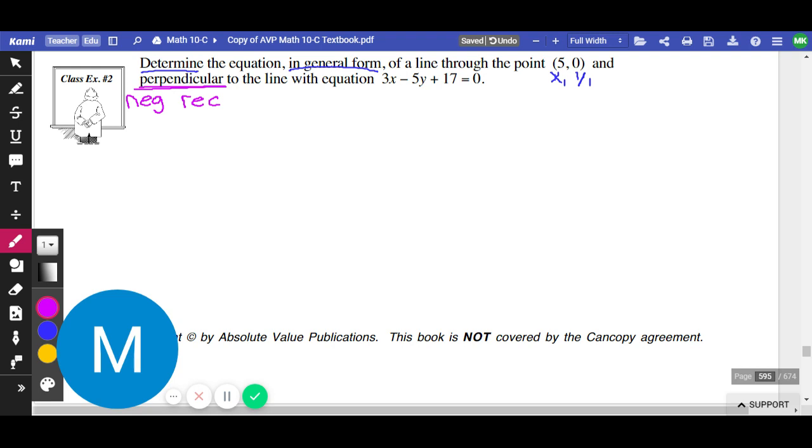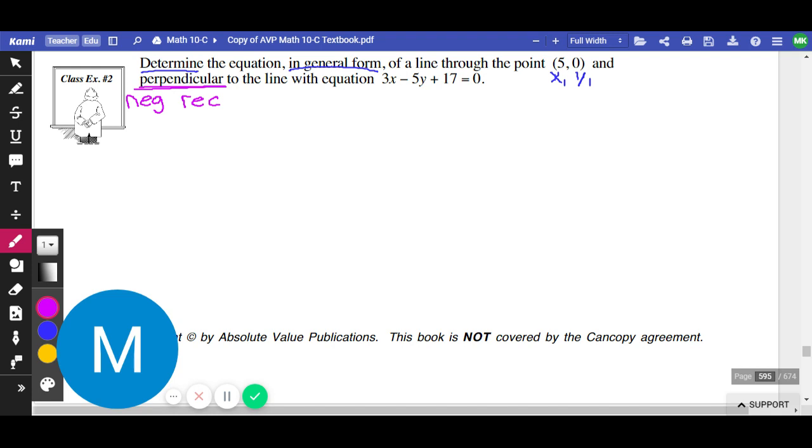If we want to be perpendicular to this line, we got to figure out the slope of this line. How can we figure out the slope of a line that's in general form? It's been a while since we've done that. We're going to take this line, change it to be slope-intercept form, and then we can tell which numbers are slope, right?